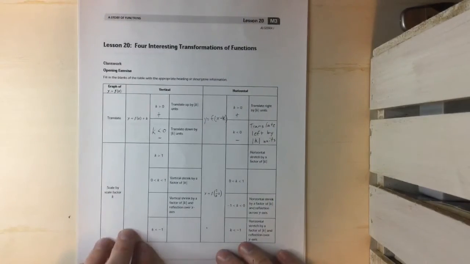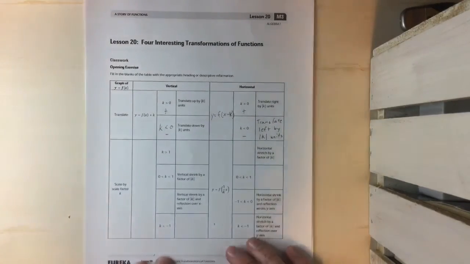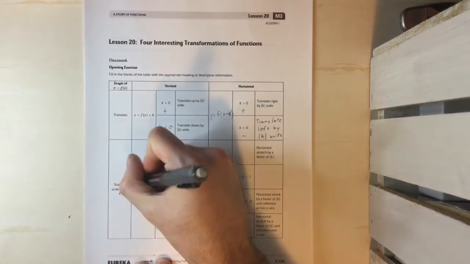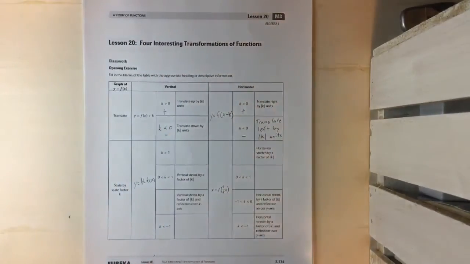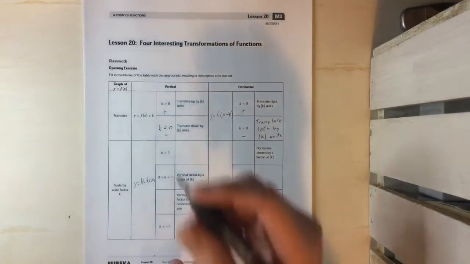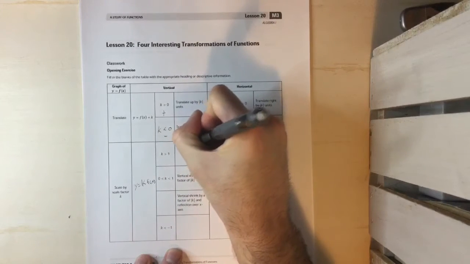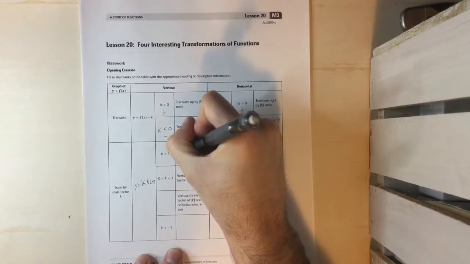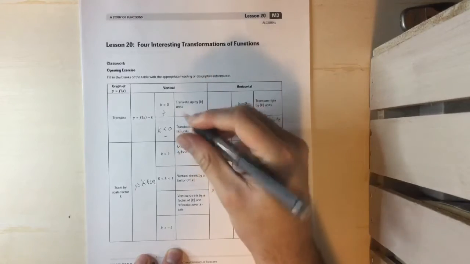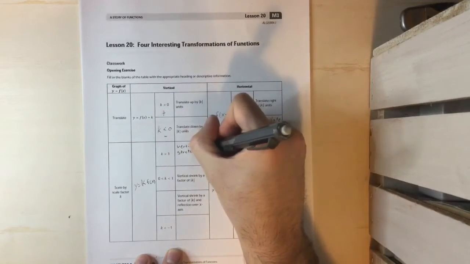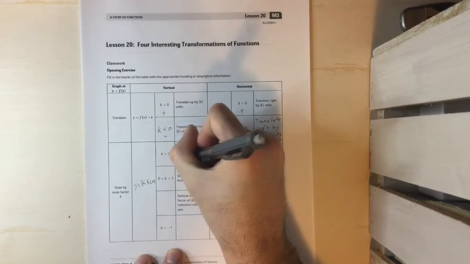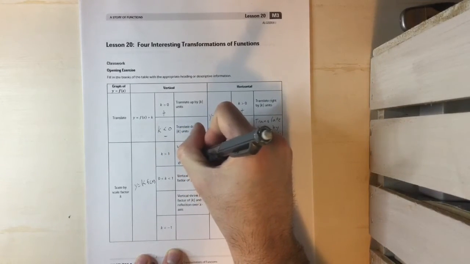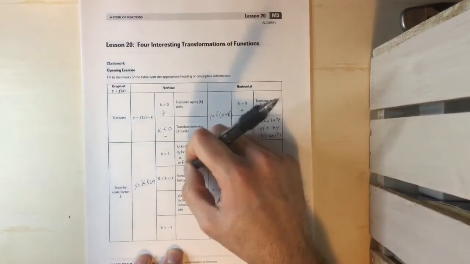Okay, the next one we have is vertical scaling. So we have scaling. Vertical scaling is y equals k f of x. So when we look here, when k is greater than 1, we're going to have a vertical stretch by a factor of absolute value of k.